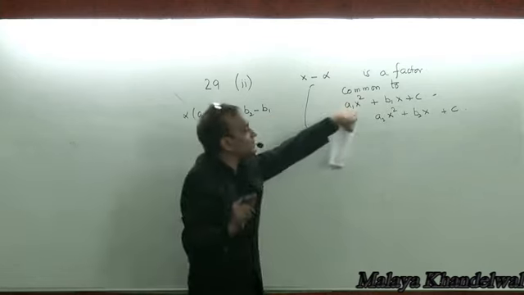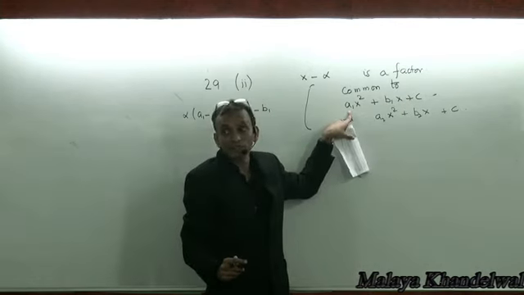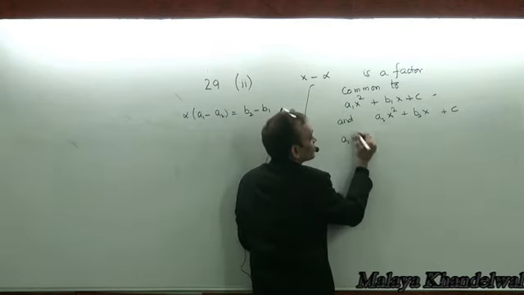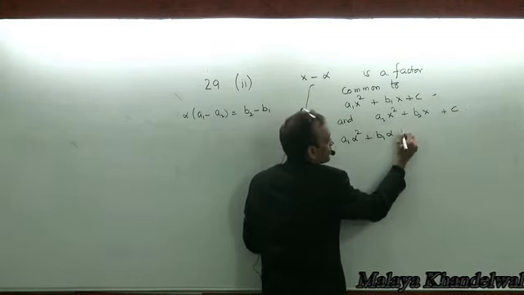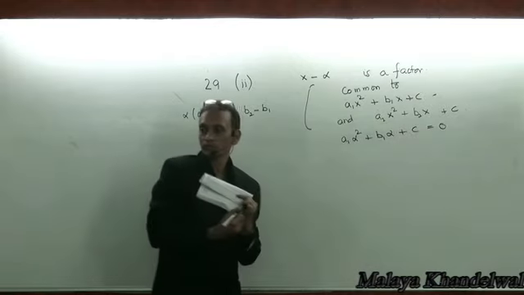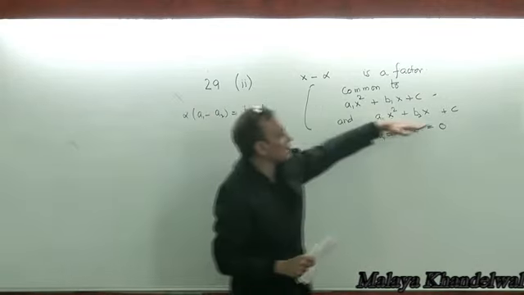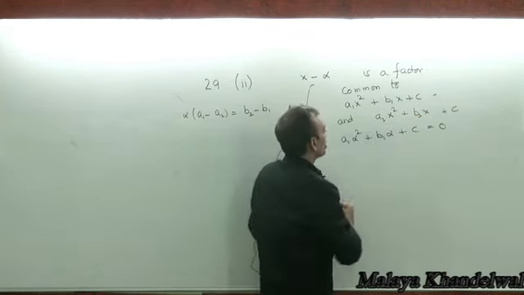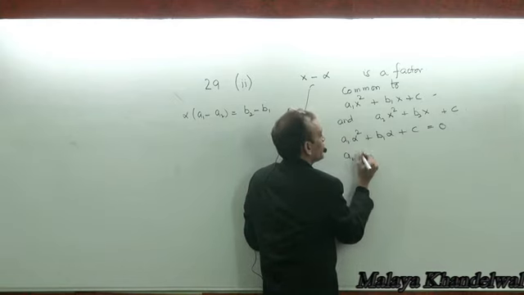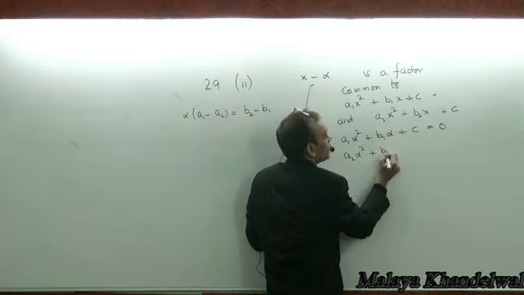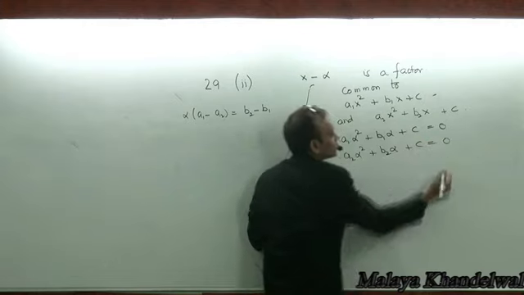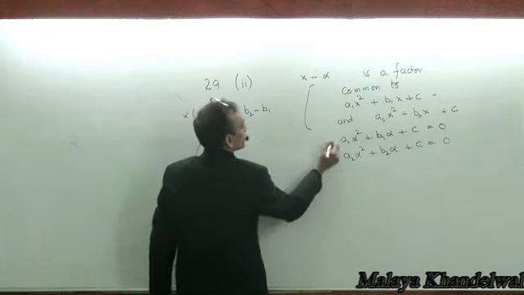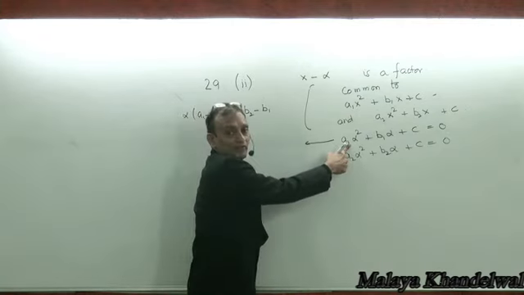Now if x minus alpha is a factor of this, that means this will become 0 at x equal to alpha, right? That means a1 alpha squared plus b1 alpha plus c must be 0. Again, if x minus alpha is a factor of this, this will become 0 at x equal to alpha, right? That means a2 alpha squared plus b2 alpha plus c must be 0. Yes or no? Now, let me divide by alpha.